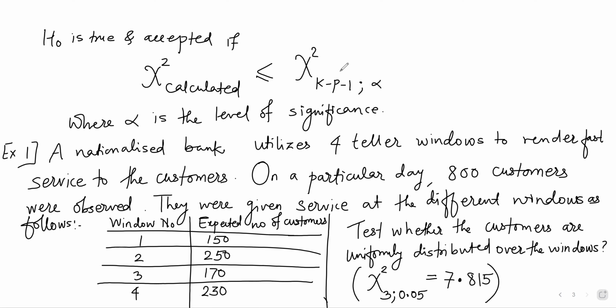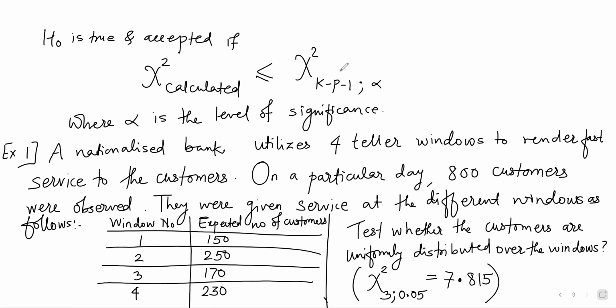The sample is very big, 800, so we are using the chi-square test. Of course, the answer is not going to be correct, so we are going to reject this hypothesis. That is not possible in real life, correct?